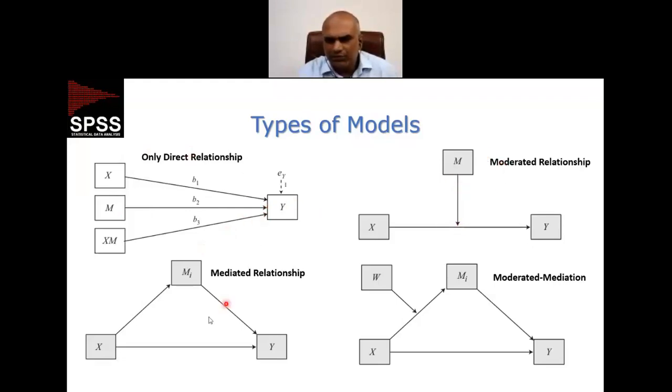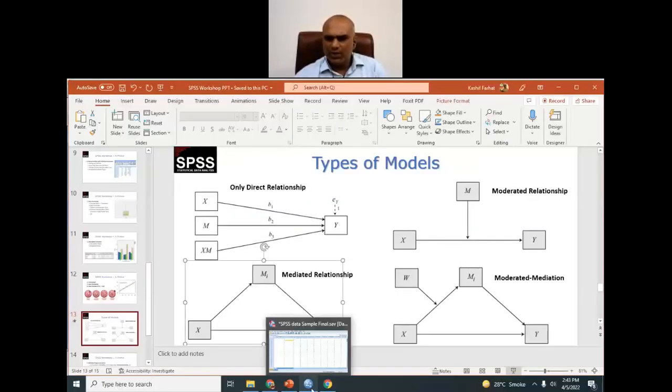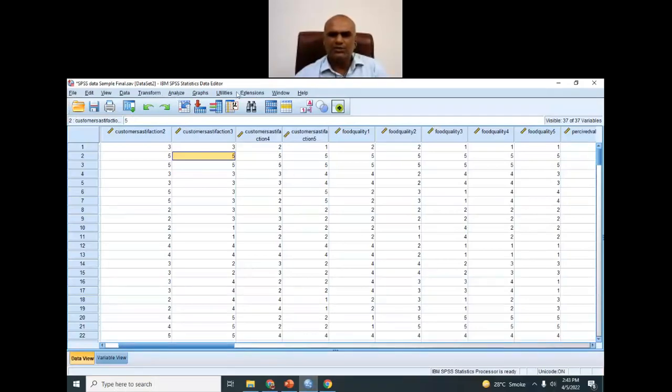In order to do the other types, even though we can use an add-on called PROCESS by Andrew Hayes, I would still recommend that if your conceptual model looks like this or this or this, you use AMOS or SmartPLS. So today our focus will remain on this direct relationship, and for that regression is highly recommended. So let's go ahead and do regression analysis.